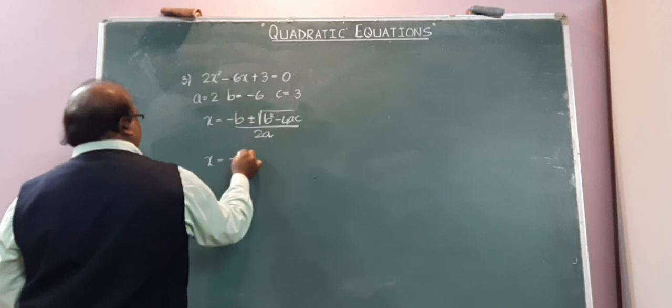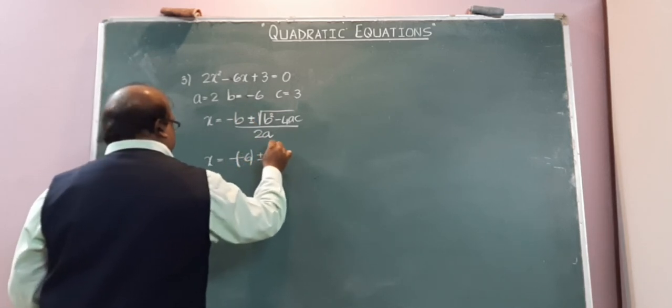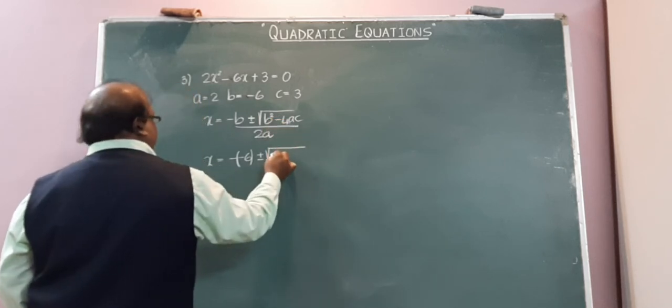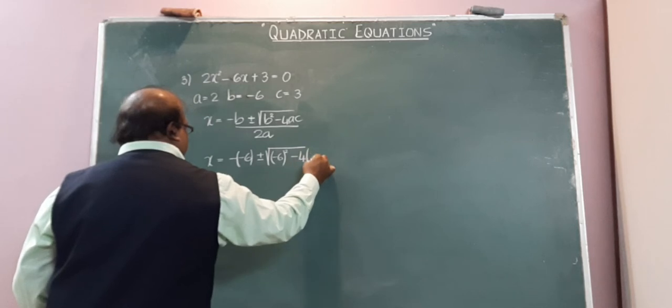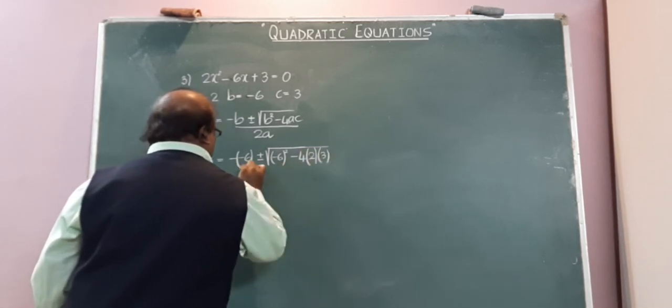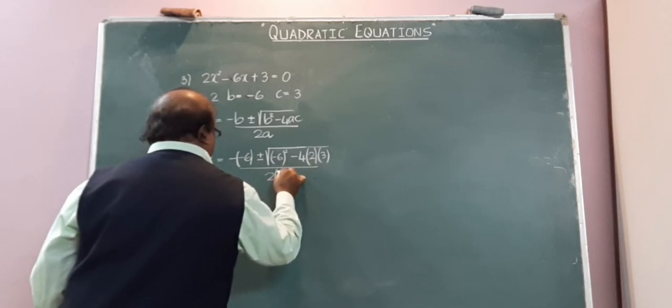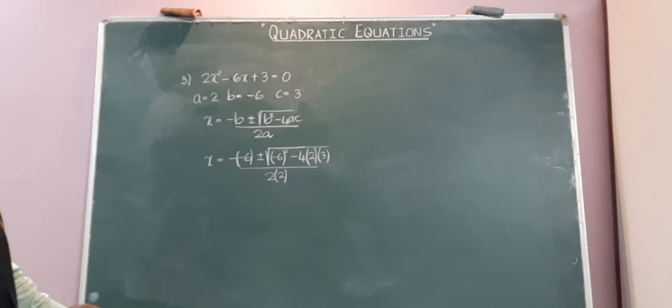Minus, what is b? Minus 6, plus or minus root b square minus 4ac upon 2a. So what is x?